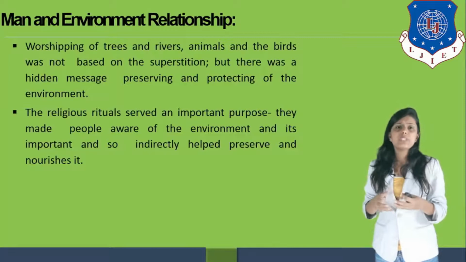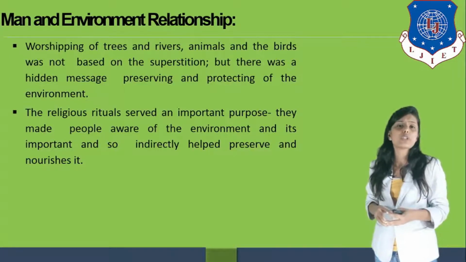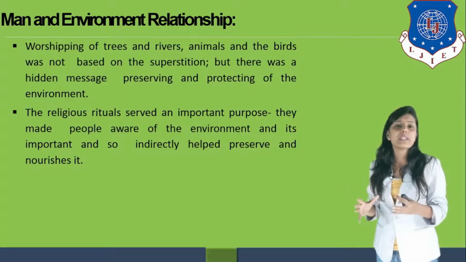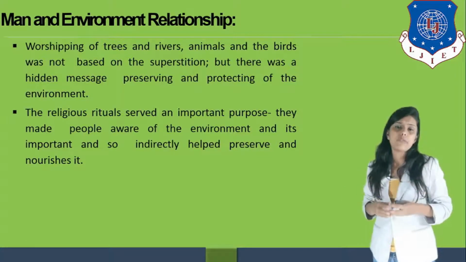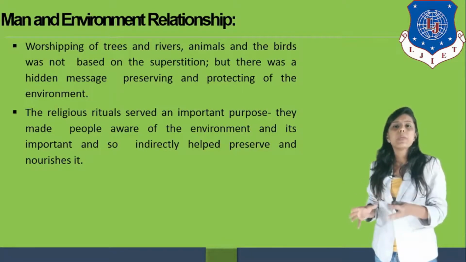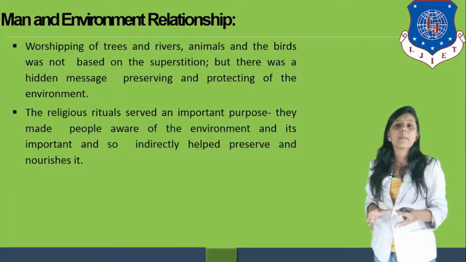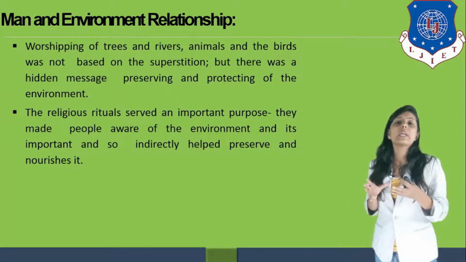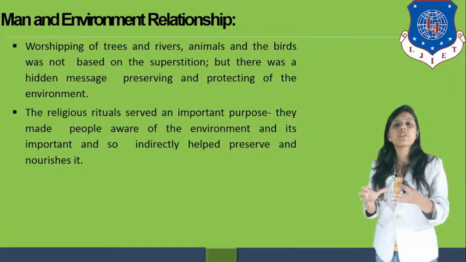Worshipping of trees, rivers, animals and birds was not based on superstition, but there was a hidden message of preserving and protecting the environment. The religious rituals served an important purpose. They made people aware of the environment and that it is important, and so indirectly helped preserve and nourish it.